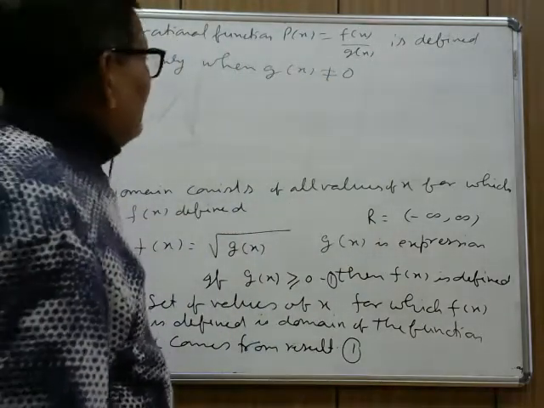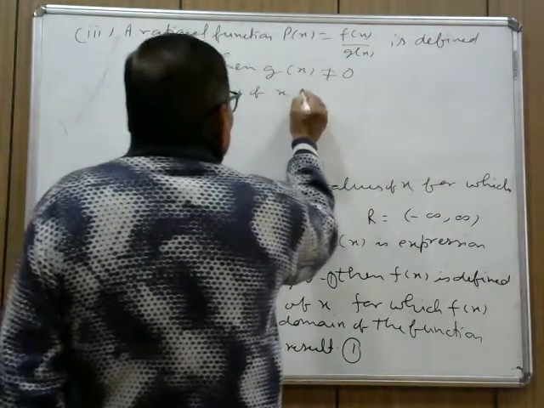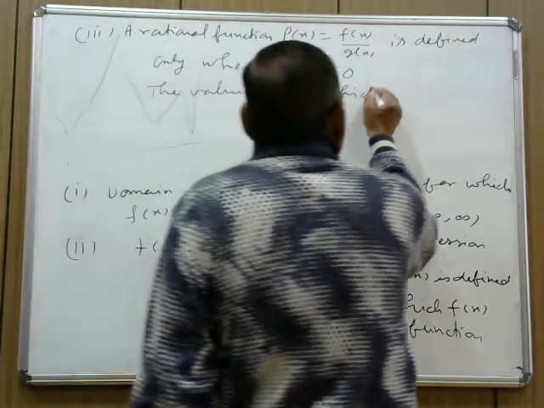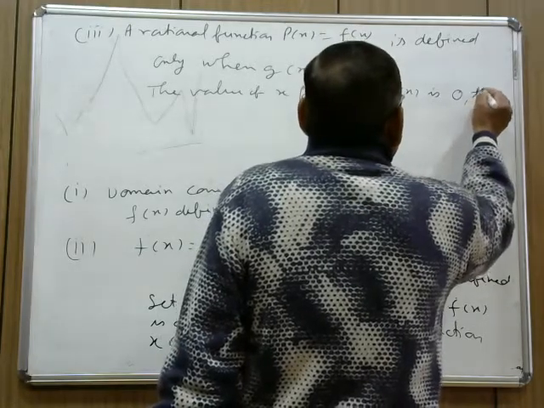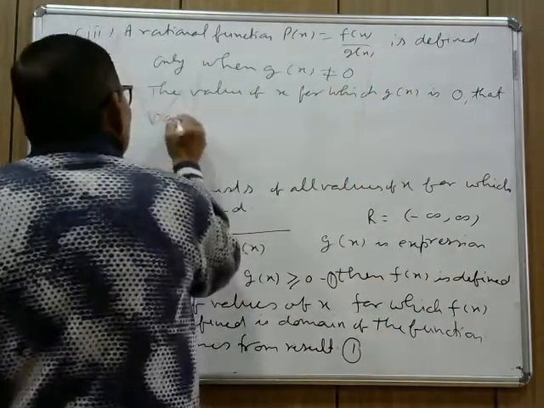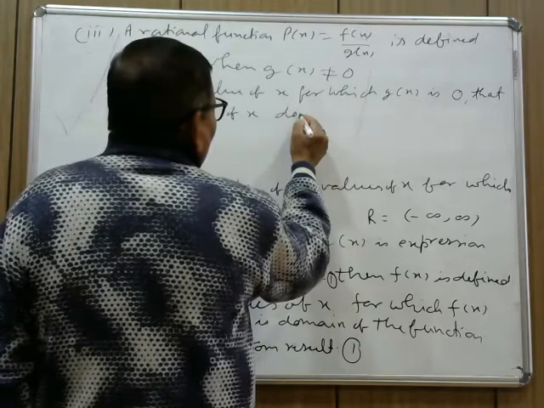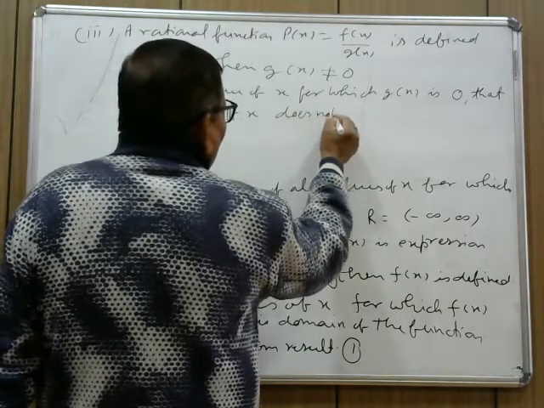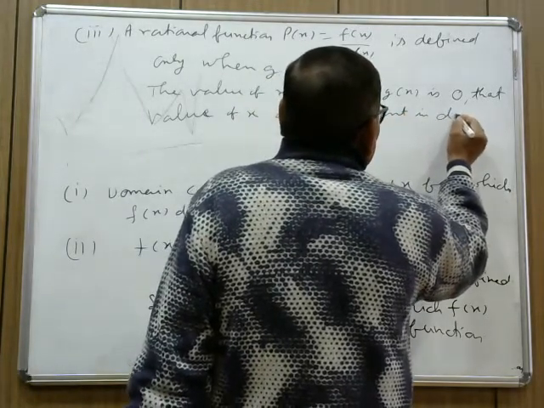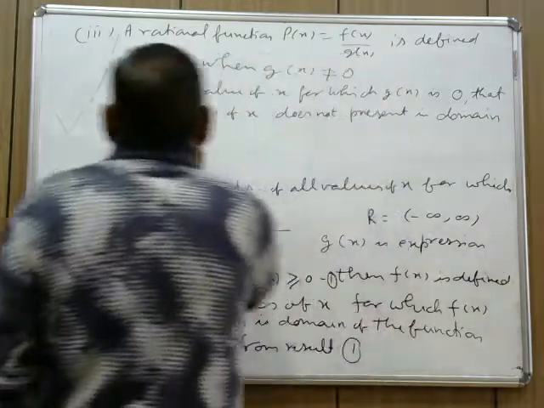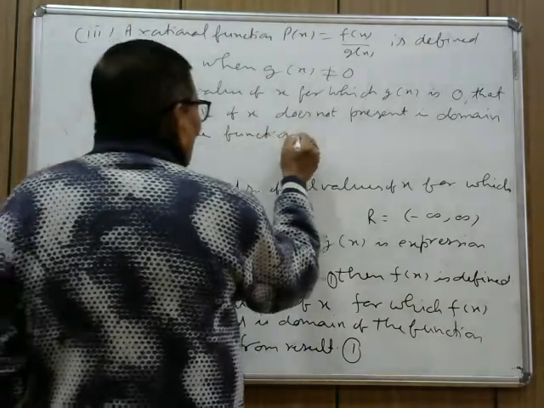The value of x for which g(x) is 0, that value of x is not present in the domain of the function. You remember that.